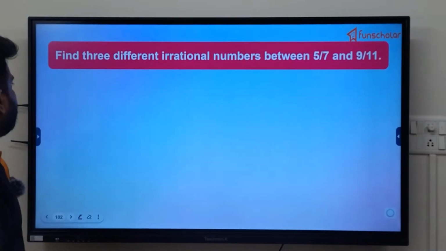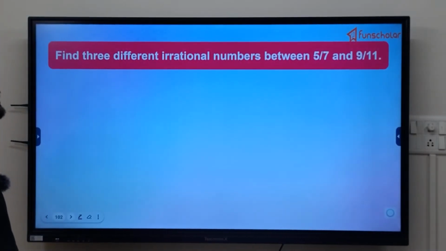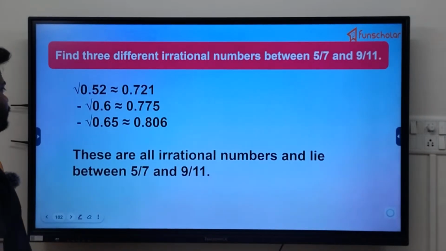Find 3 different irrational numbers between 5 by 7 and 9 by 11.